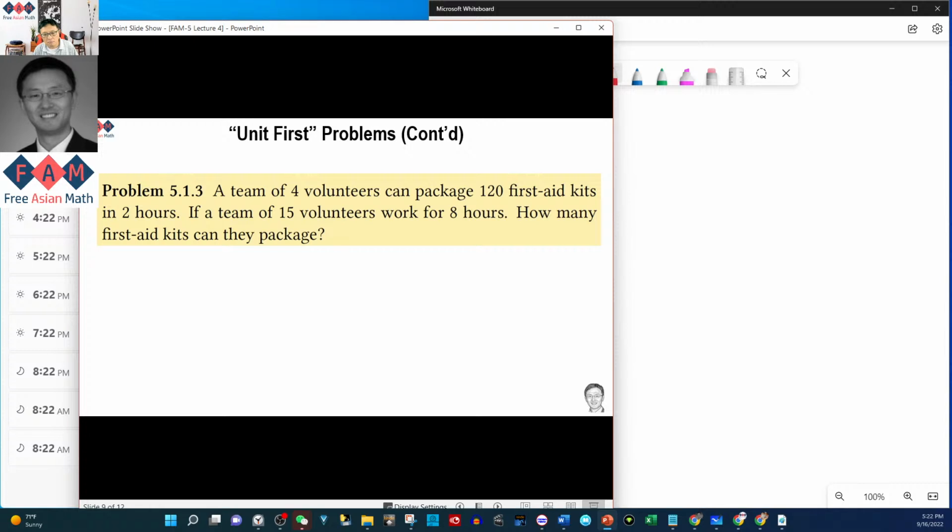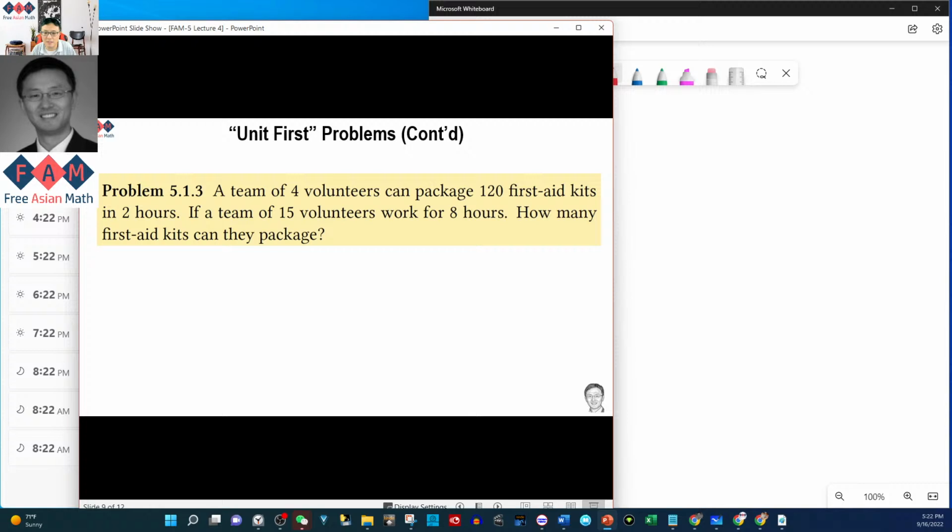Well, it's still a multiplicative relationship, but this time the multiplication will become considerably more complicated because it's not just one times the other. There are 3 quantities multiplied altogether to get the product. And what is that? You need to know the number of volunteers and how long each volunteer works, how many hours, but none of them will give you the unit quantity you needed.